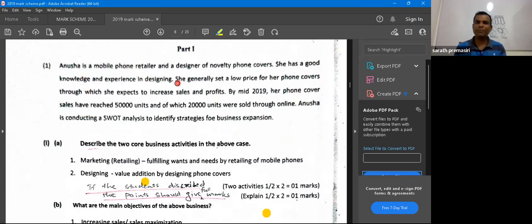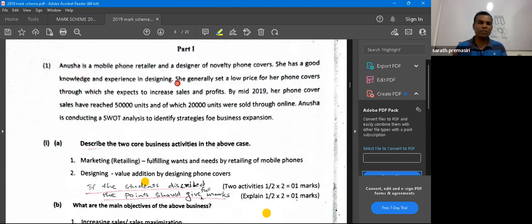Now, these are some business objectives. Profit maximization, sales maximization, expanding the market share, being the market leader, survival in the market. There are a number of business objectives. Understand?